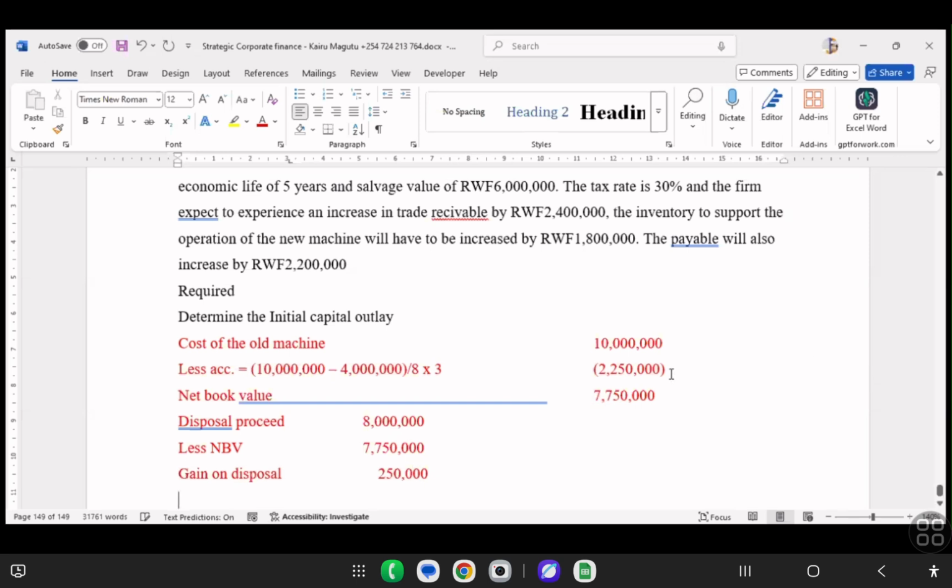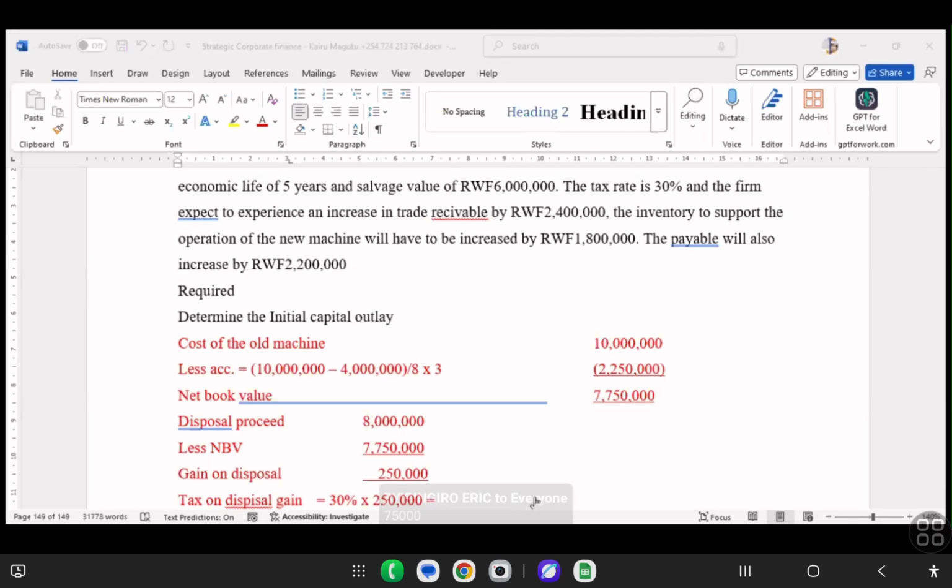Now, once that has been determined, let me underline this so that at least it may look better. We are told that the tax rate is 30%. Tax on disposal gain is equal to 30% multiplied by 250. Someone give me 30% multiplied by 250.